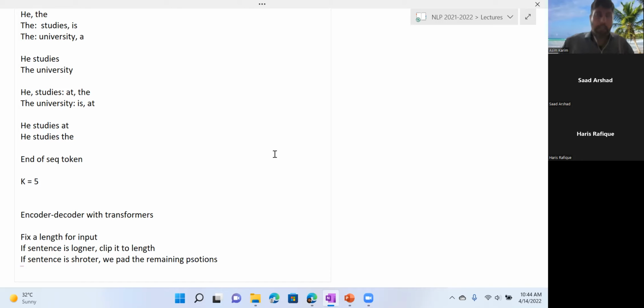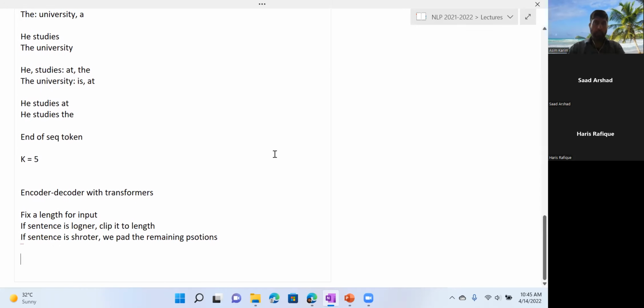The padding would be a specific token with a fixed representation, reserved for padding. It means that this is a padded word. For example, in one of the standard transformers, we have 512 inputs.